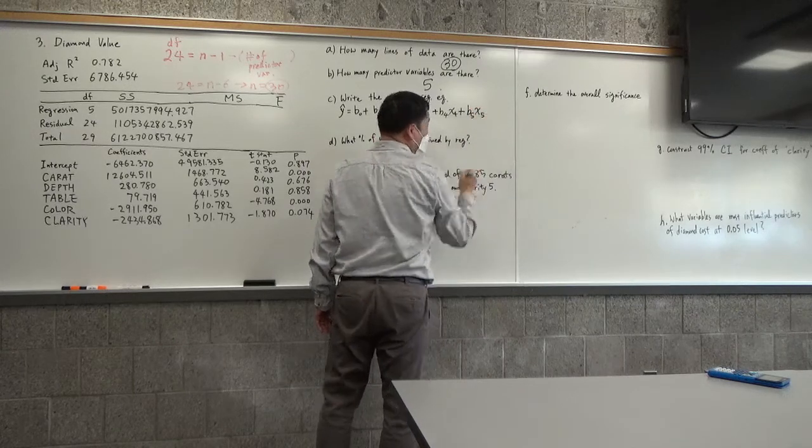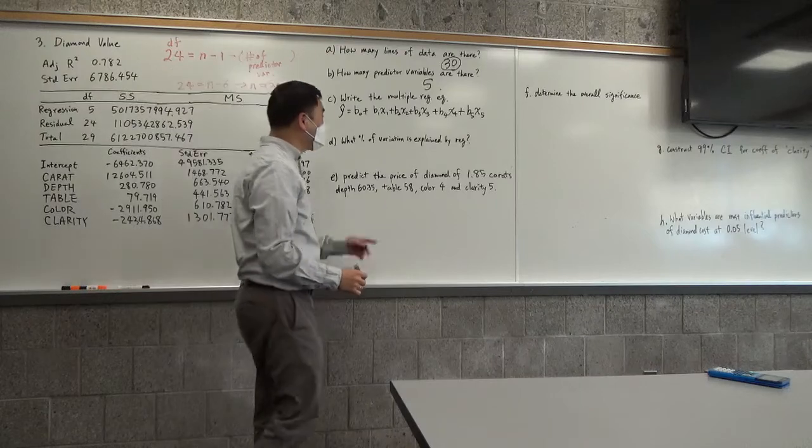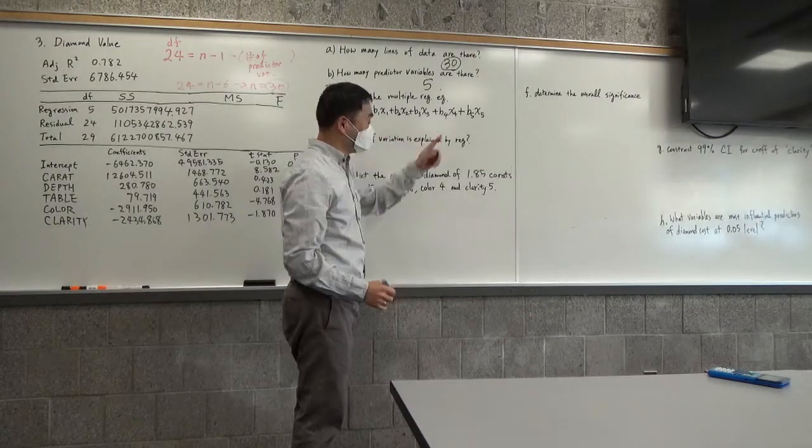You stop at 5 because there are 5 predictor variables. You only have x1 through x5. Some of you said 6 because there are 6 terms here.